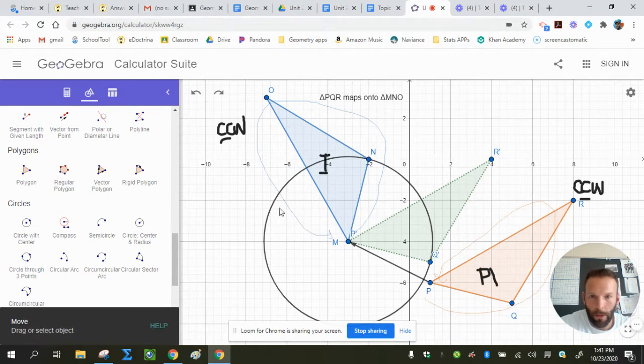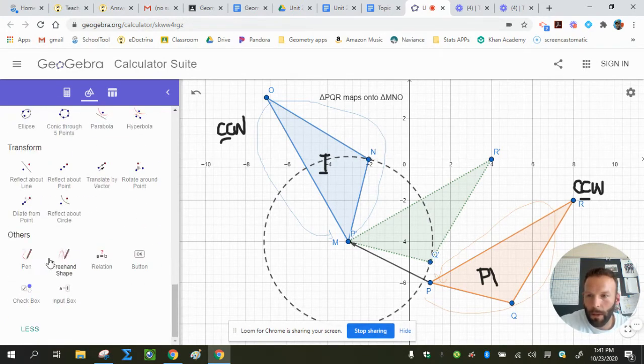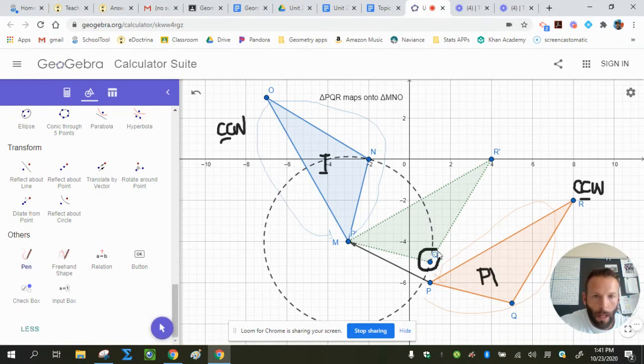And with that circle, that's not the highlight of my whole picture either, so I'm going to make that a dashed segment. And with my pen tool, this point Q is moving along this circle until it maps onto this point N. Now, do you remember what direction the points must rotate if you want the positive direction of the angle?